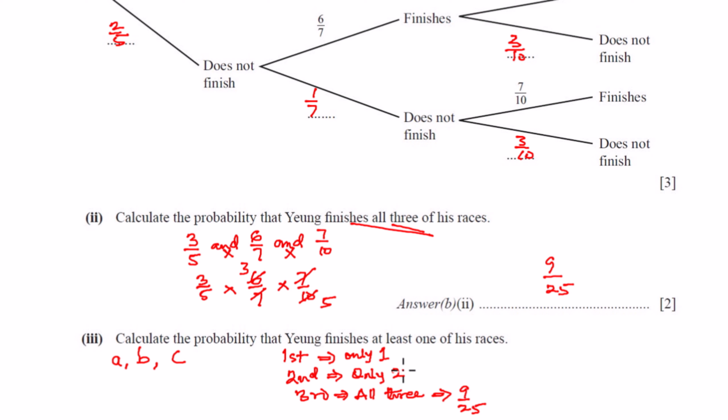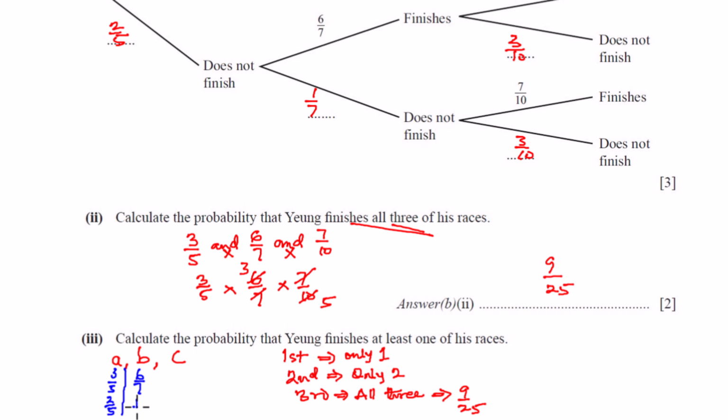So that he finishes only 1 and only 2 is what we now need to calculate, and that might be a bit tricky. Just come along with me as I show you what to do. From the way we have shown earlier, him finishing the first race, the probability of that is 3/5. Not finishing is 2/5. The second one, finishing is 6/7.